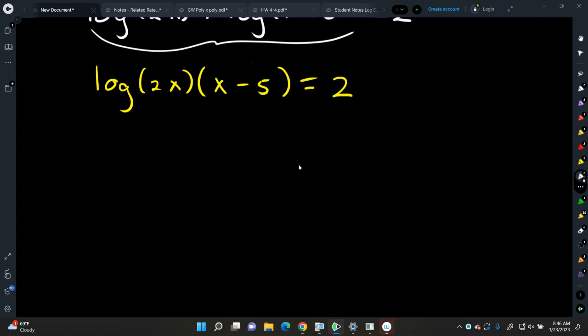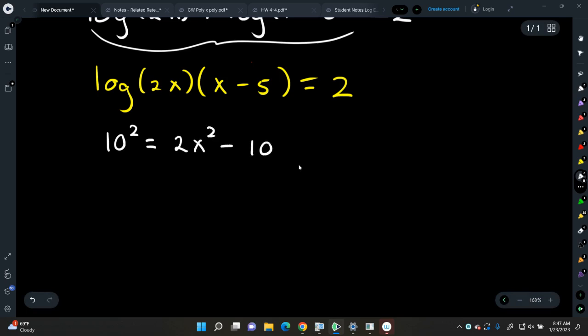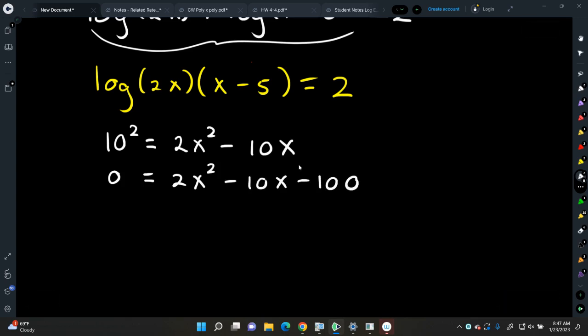What's the base of this log? 10. So it's going to be 10 to the second equals what? 2x squared minus 10x. All right, and we're going to subtract the 100 from both sides. So this time we can't just take the square root of both sides because we've got that minus 10x, right?